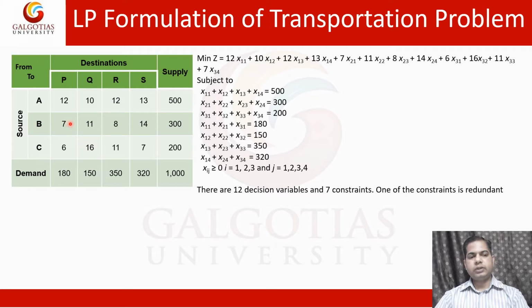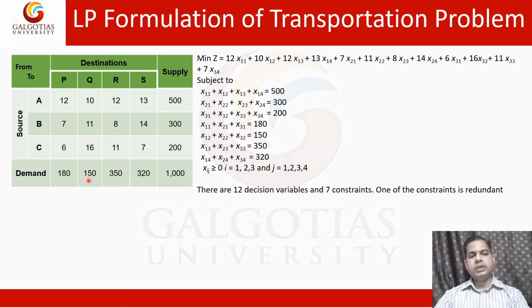Similarly, x21 plus x22 plus x23 plus x24 equal to 300, and x31 plus x32 plus x33 plus x34 equal to 200. Now for the destinations, the total demand is 180 for P. So x11 plus x21 plus x31 equal to 180. Similarly for Q, for R, for S.